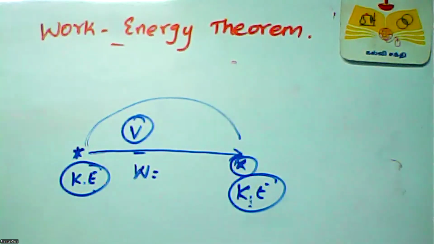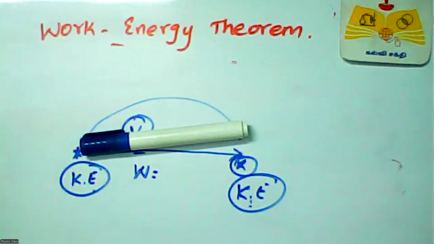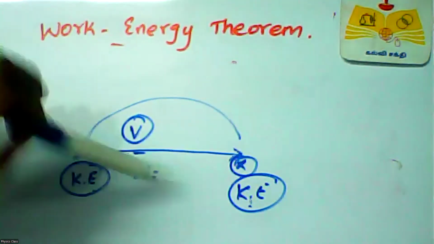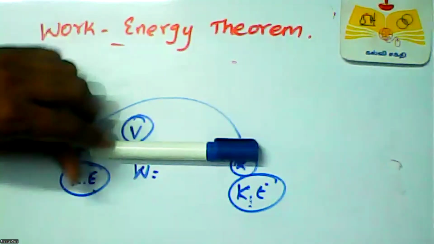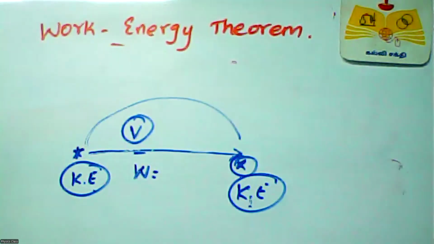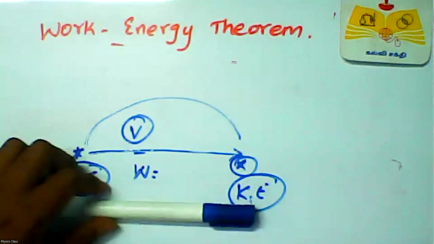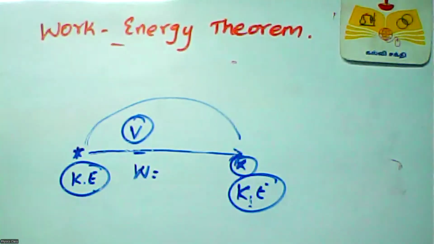Work means the product of force and displacement, because if I push this object with force, it should be displaced from one position to another. Force and displacement are both needed; then only I can say work is done.